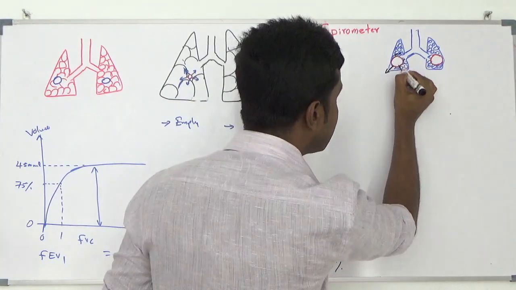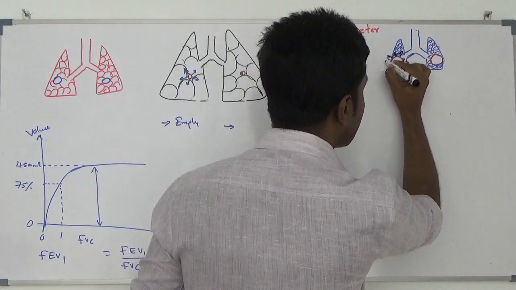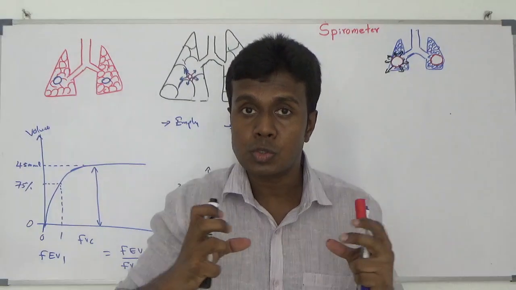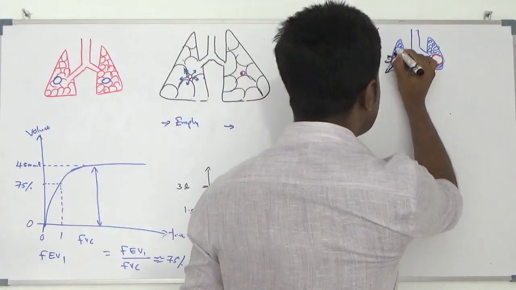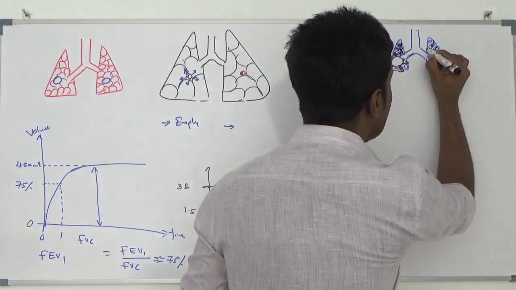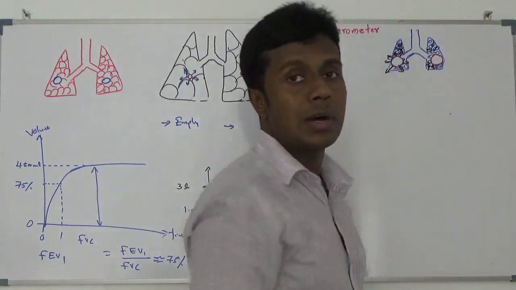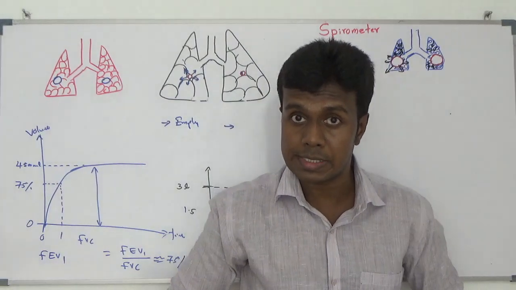Because of that, the airway tends to be kept open more and more. In addition, the lung will also try to recoil much more, because from here also they pull. From here also they pull. Because of that, their total lung volume is less.